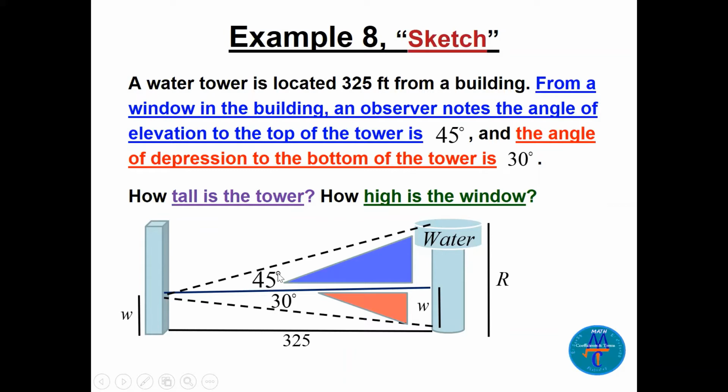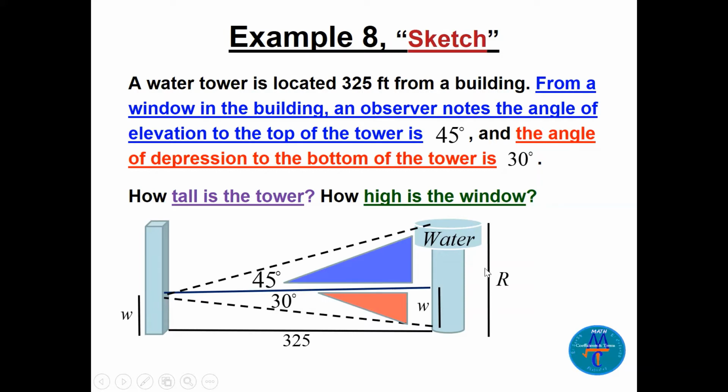So this is the horizontal, this is the line of sight. And the angle of depression, see, this is the angle of depression here. This is 30. So this one is W. This one's the same as W here until this point.